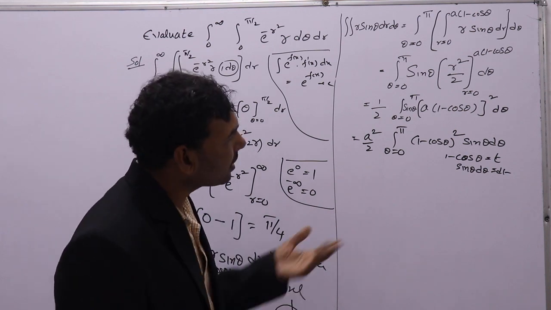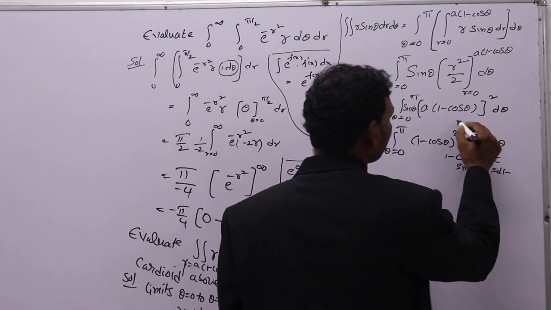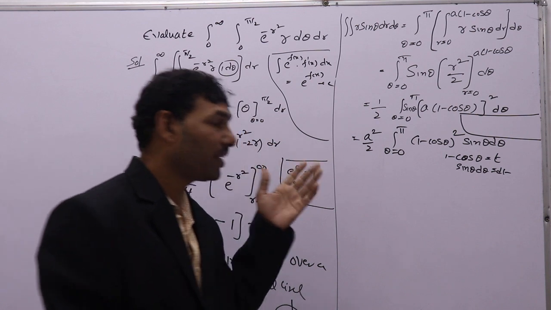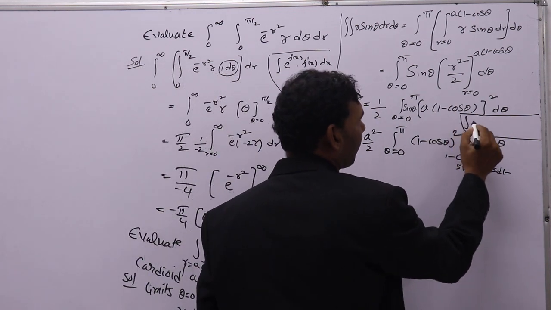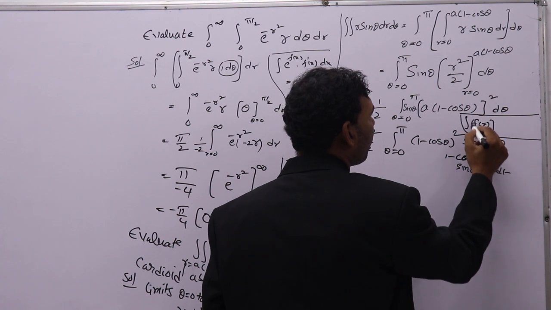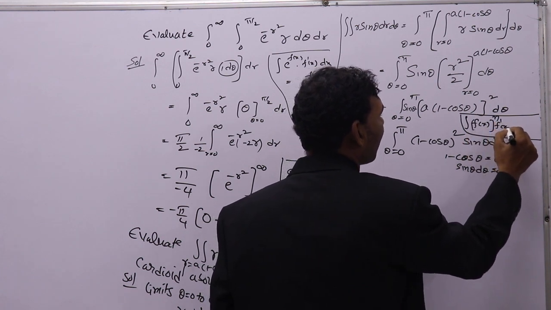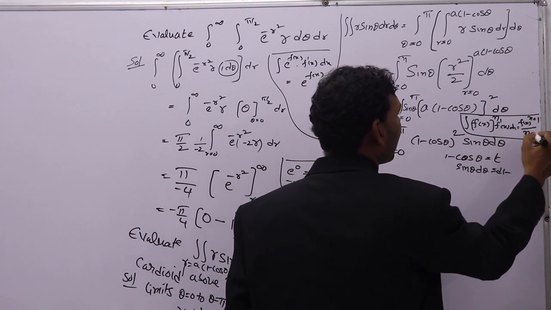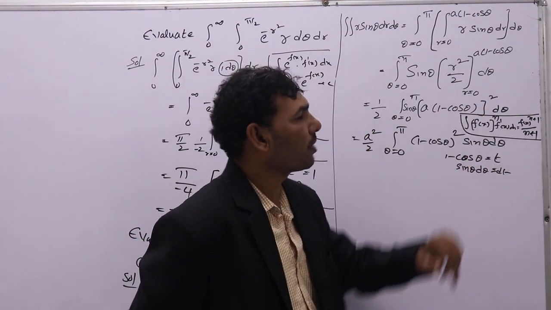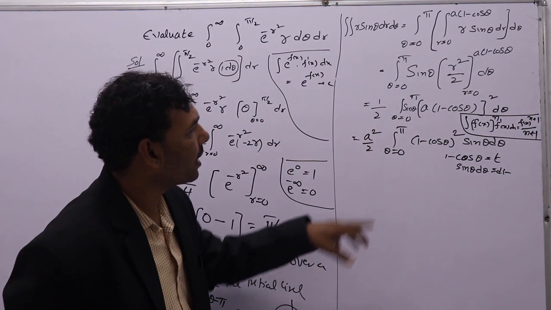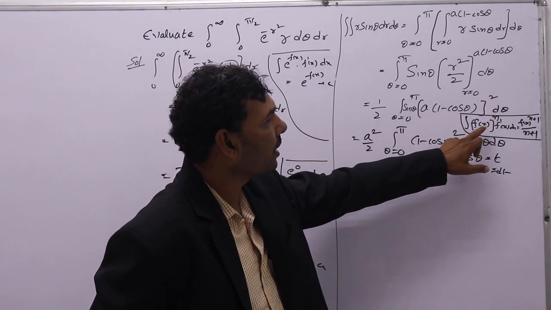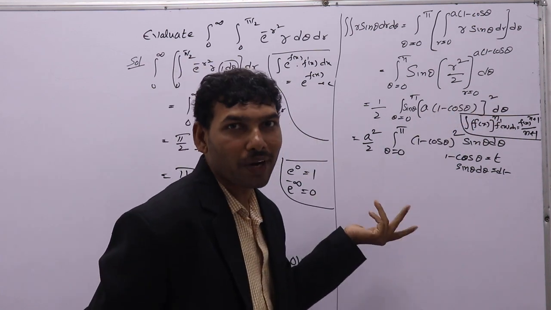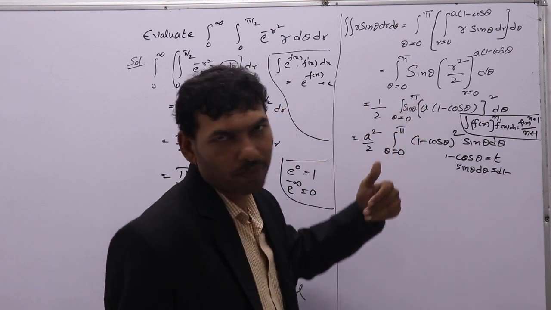That is one way. Another way is, there is one formula. Using that formula also one can easily evaluate this. What is that formula? Integral of f of x whole power n into f dash of x dx equals f of x whole power n plus 1 by n plus 1.